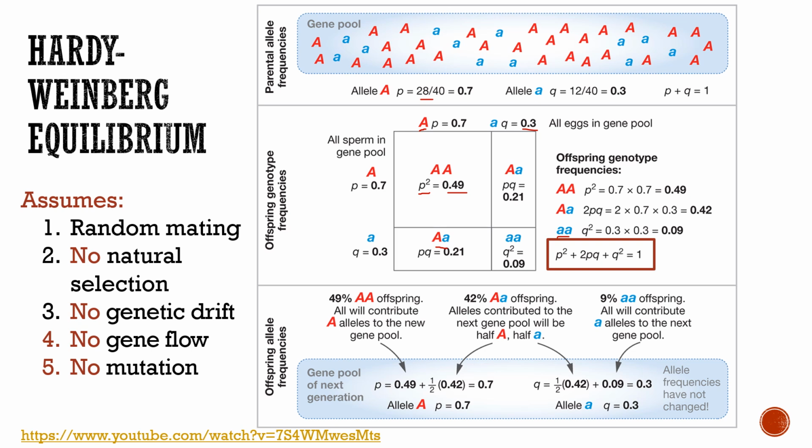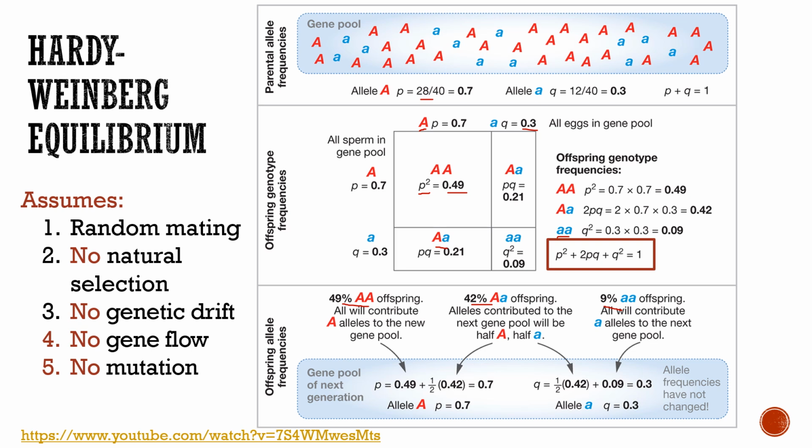All right, and then finally, what we have down at the bottom is the offspring allele frequency. Again, 49% is the homozygous dominant, 42% is heterozygous, 9% is the homozygous recessive. If we know those, we can also go backwards.